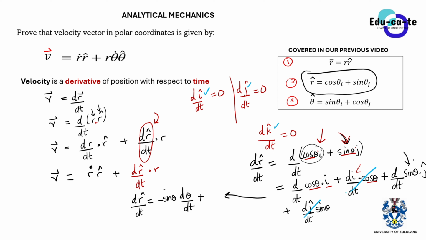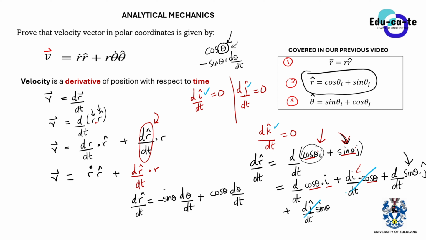When you differentiate sine, you're going to get positive cos theta, and then you're going to multiply that by the derivative of theta with respect to time. This is you applying the chain rule because basically here you have cos theta. Theta is an inner function. To differentiate this, you get negative sine theta multiplied by the derivative of theta with respect to time, because you're applying chain rule to differentiate even the inner function with respect to time.